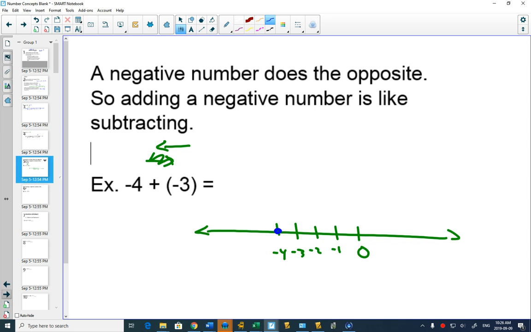Now adding normally would go to the right, but adding a negative, the negative always does the opposite. So that means I'm going to need to go in this direction. And going back 3 more, 1, 2, 3, negative 5, negative 6, negative 7. Here's where I'm going to end. Negative 4 plus negative 3 is negative 7.